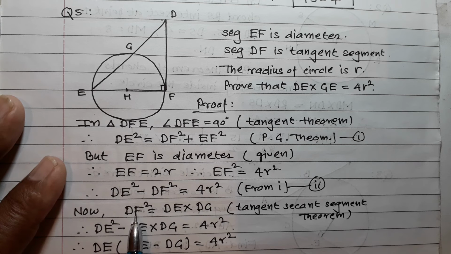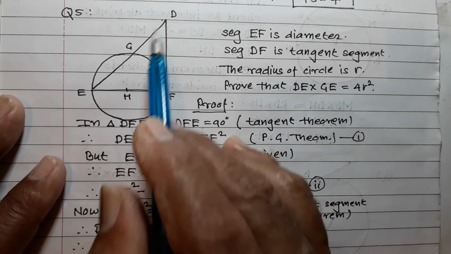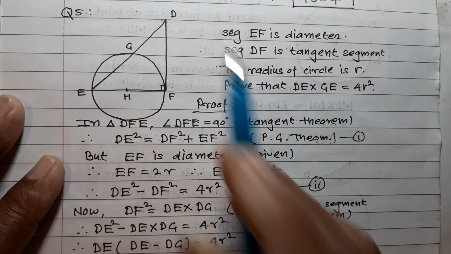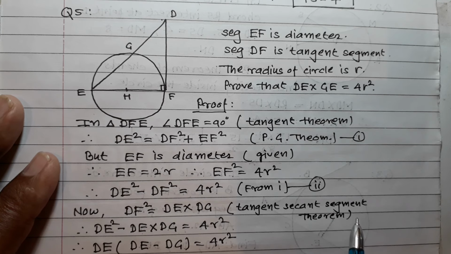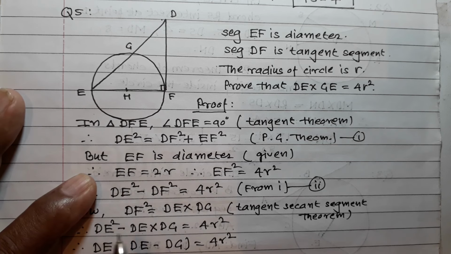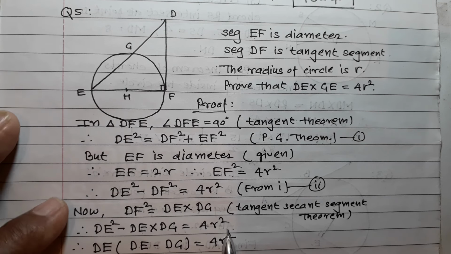Now DF square is equal to DE into DG, tangent secant segment theorem, and this value you substitute here, and therefore DE square minus DE into DG is equal to 4R square.